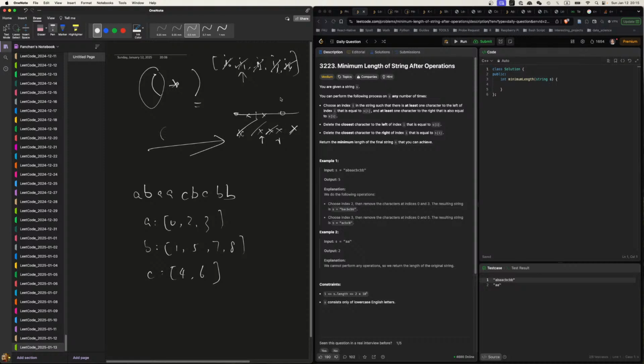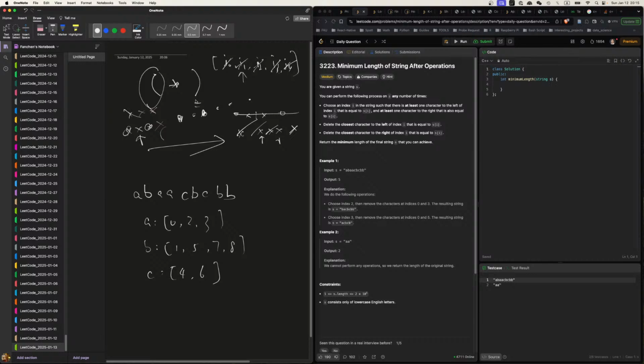So are you saying that it's deterministic, how many you can remove? If I have 4, this is the only one I can choose, so I'll remove these two, and that's it. If I have 5, I have 1. If I have 6, and I choose this, I'll remove these two.